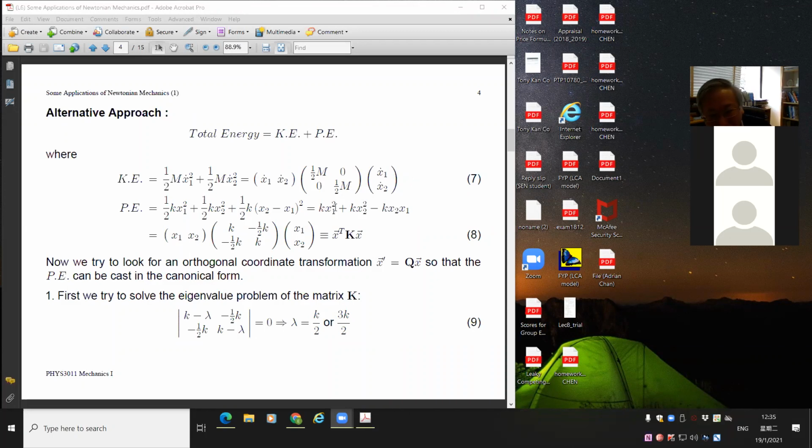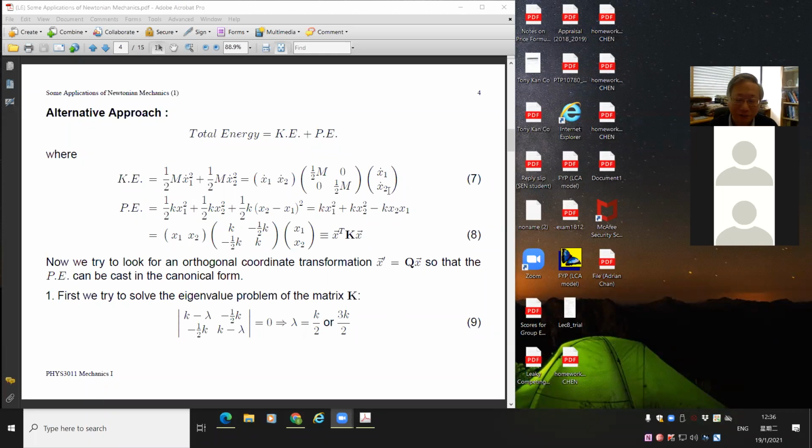So it seems that even though we have a system of two particles, actually we can treat it as a system of one particle moving in 2 dimensions. Am I right? So x1 equal to x, x2 equal to y.